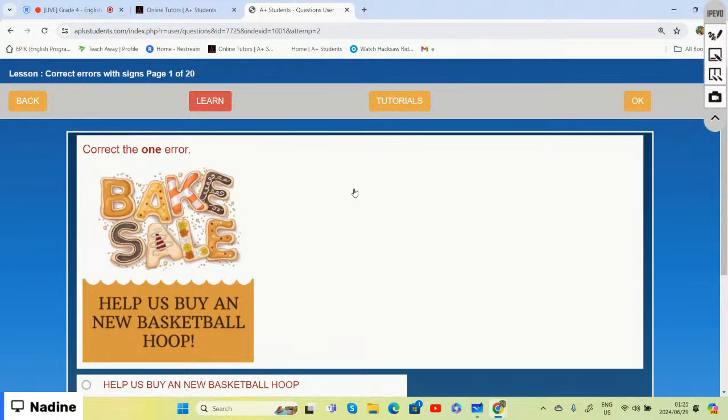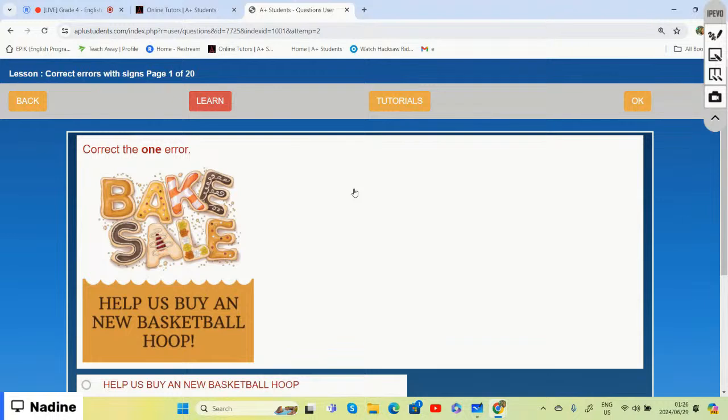It says bake sale, help us buy an new basketball hoop.